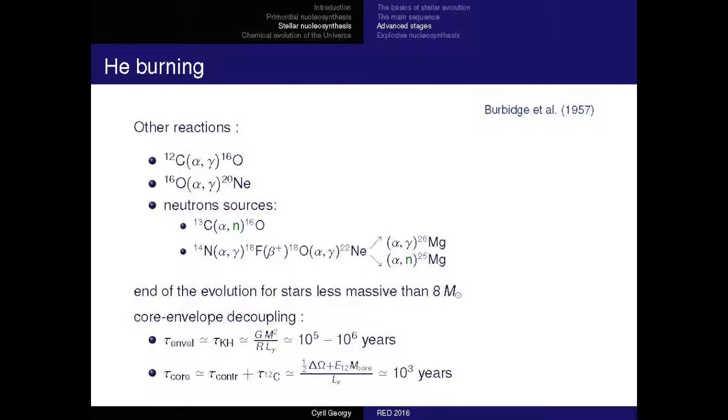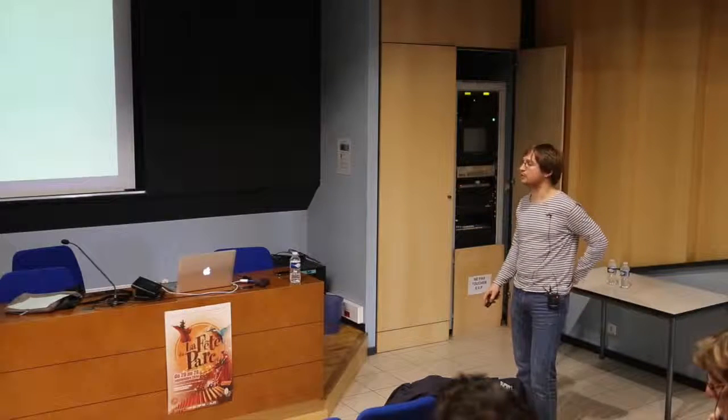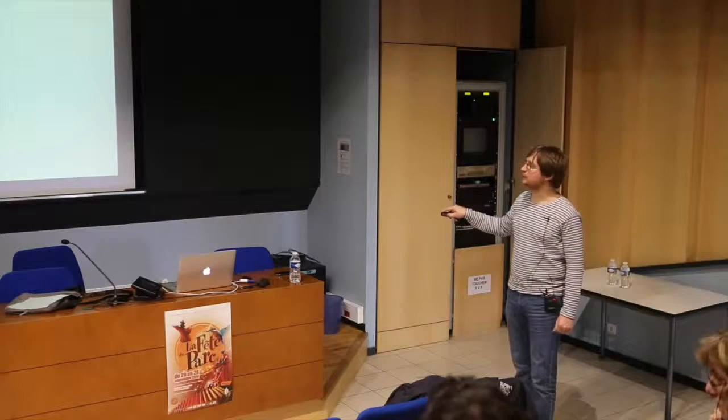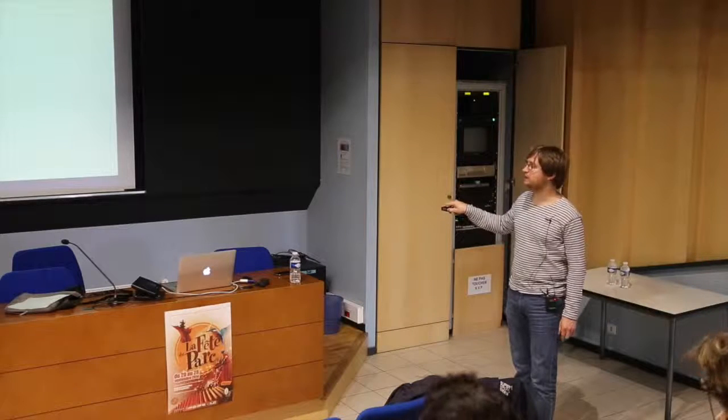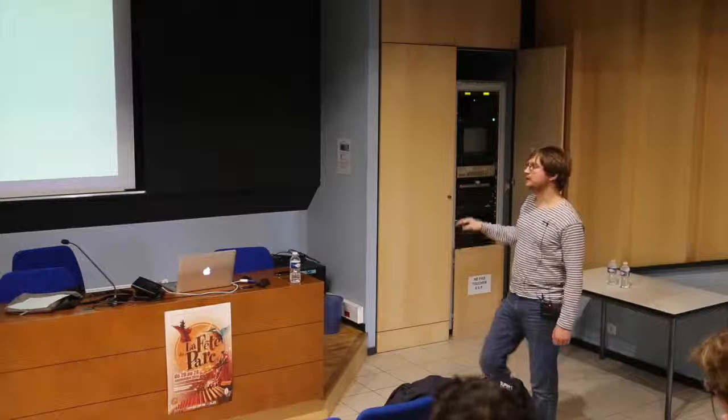So this is the gravitational potential energy, and here it's the energy of the core divided by the luminosity. So you get something about 1,000 years for the core. So it means that the typical evolution time of the core is several orders of magnitude faster than the envelope. So what does it mean here?